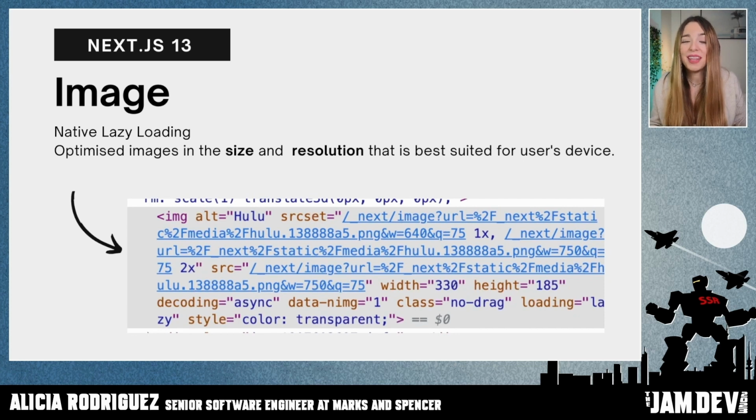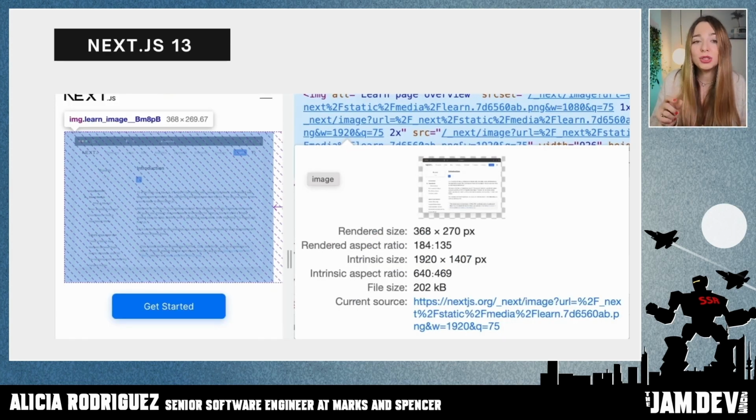For example, an image that is 1450 pixels wide will be displayed in full size on desktop, but Next.js will also create smaller versions of the image for mobile devices so that the users don't need to download and render large images. So the users will only download the image resolution that is best suited for their device.